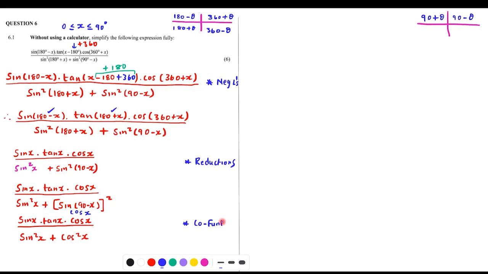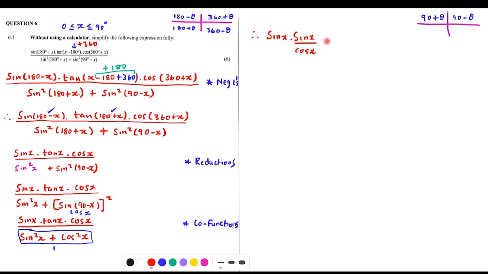All right, now from here basically we're going to simplify, right? Now I can see here that sine squared x plus cos squared x is equal to 1, and I can see that tan x is sine x over cos x. So therefore I'm going to say sine x times sine x over cos x times cos x.